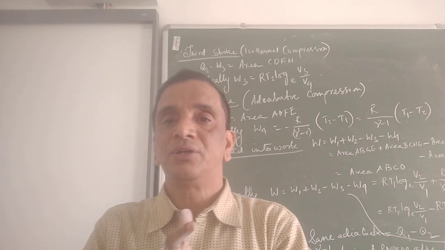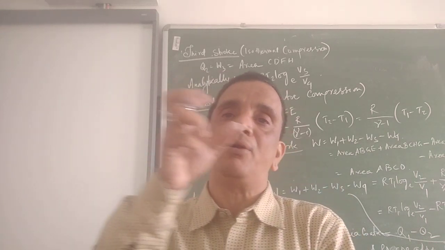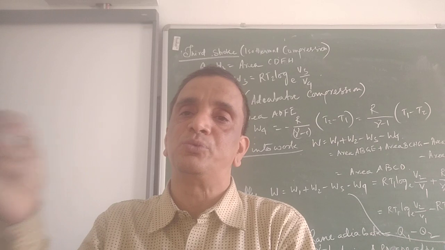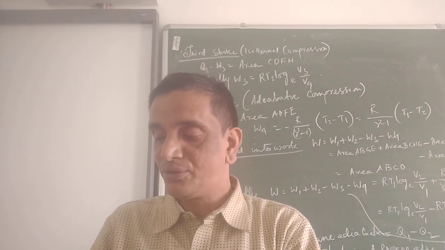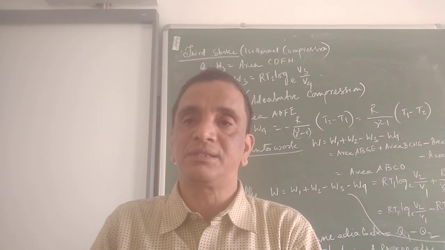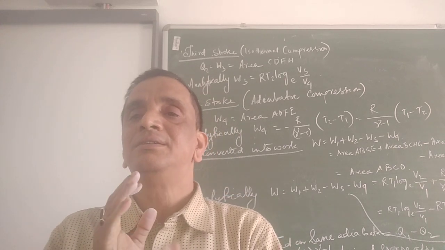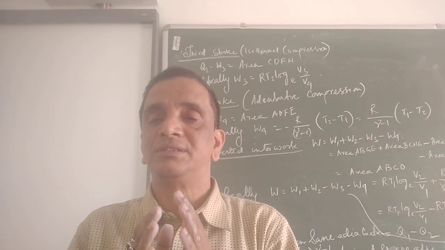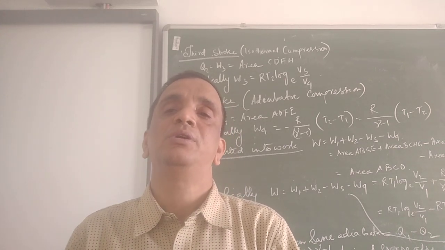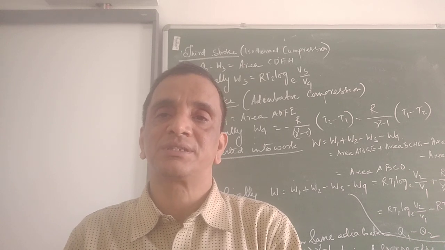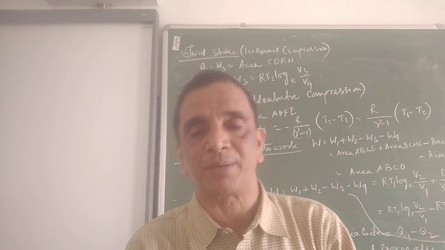The third is Planck's statement: we cannot convert the whole amount of heat into work from a single body. Is it clear? So these are the second law statements. Up to this much is to discuss. Next class we will discuss a new chapter. Thank you everyone.